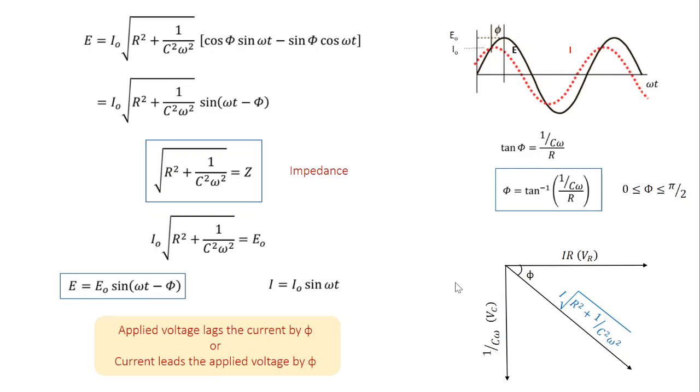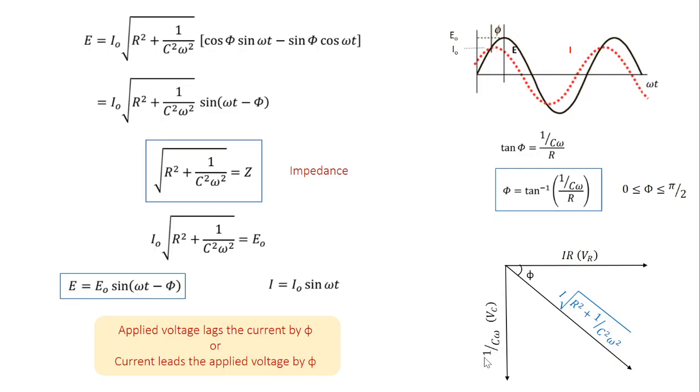Coming to the vector diagram, we have two voltage components here, one across the resistance VR and one across capacitance, which is VC. The VR component is given as current I multiplied by resistance R, and VC component is current I multiplied by 1 by C omega.